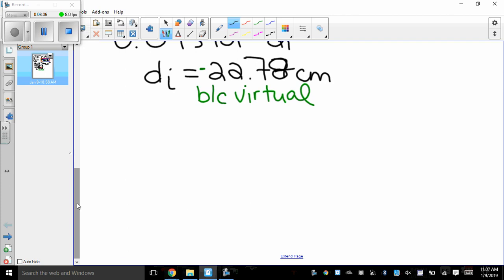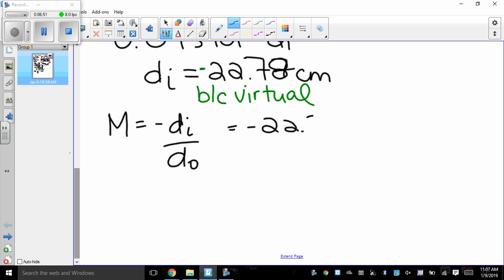First one I would do is magnification. So magnification is negative DI over DO. So I'm just looking at that because I have DI and DO. I'm going to just plug in those values. So that's negative 22.78 centimeters, and this one was 45.7. Yes? Okay, so dividing those two out, what do I get here?